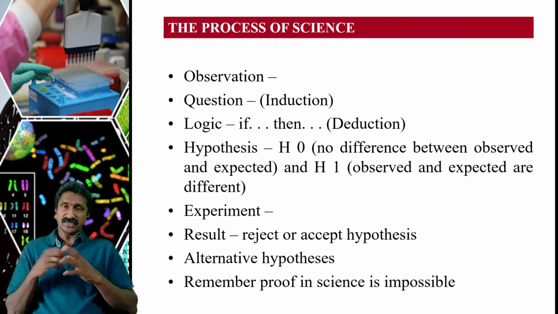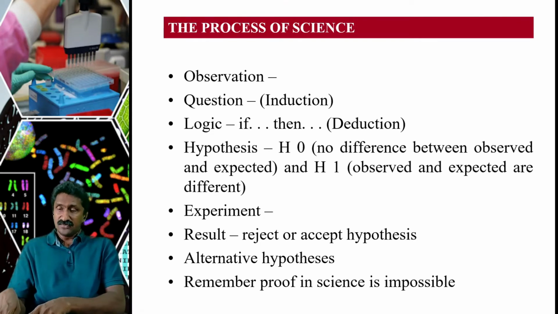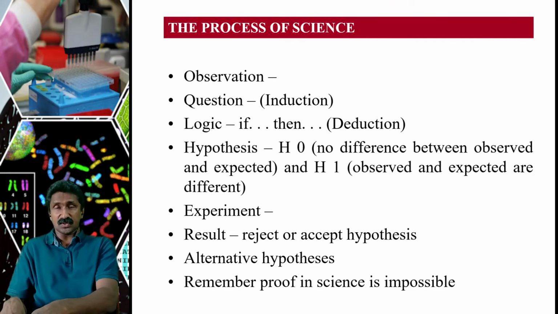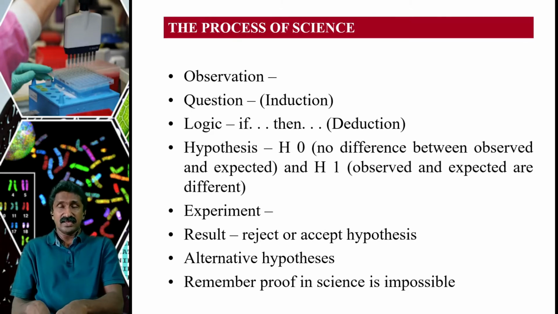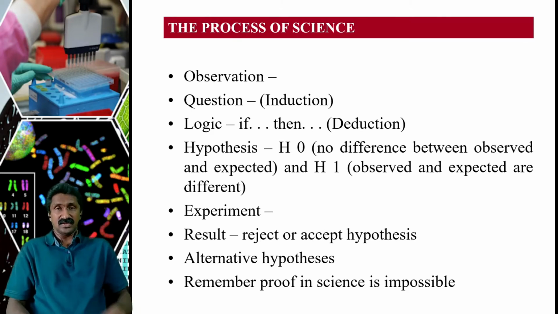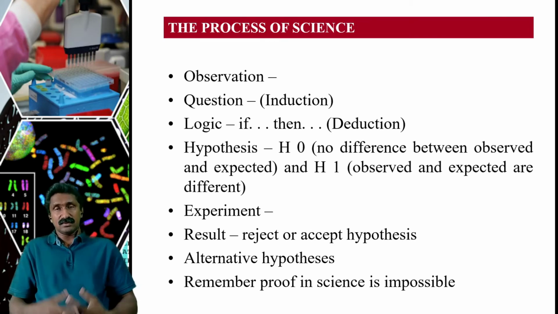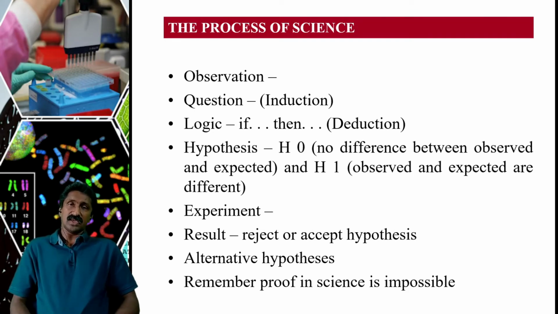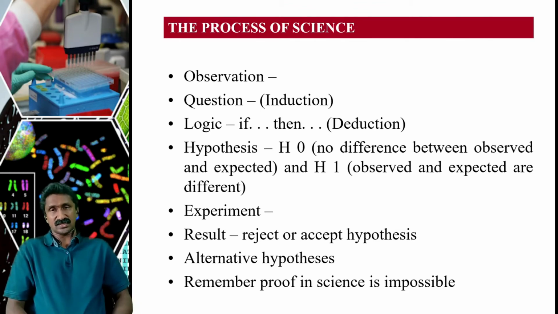In the previous example, if C is kept constant, then A and B will have a significant interaction, something like that. That type of logical deduction can be made from those observations, and it can support your induction, that question that you raised.